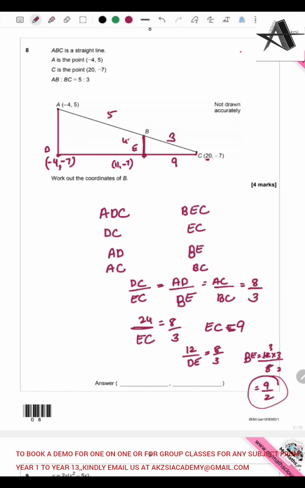If this length is 4.5, so obviously here X will remain the same, only Y will change. So from -7 you are moving upwards by 4.5. So that means -7 plus 4.5, because you are moving in the plus direction. So the answer will be -2.5, and the final coordinate is 11, -2.5. So I can write down the answer as coordinates are 11, -2.5.